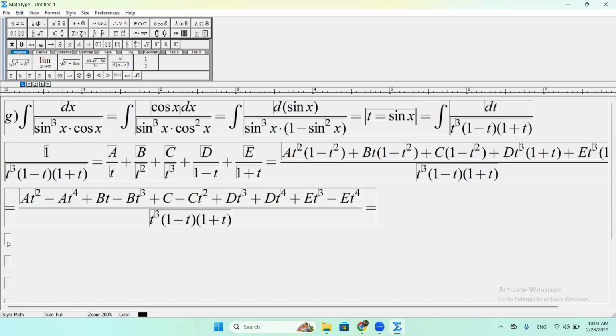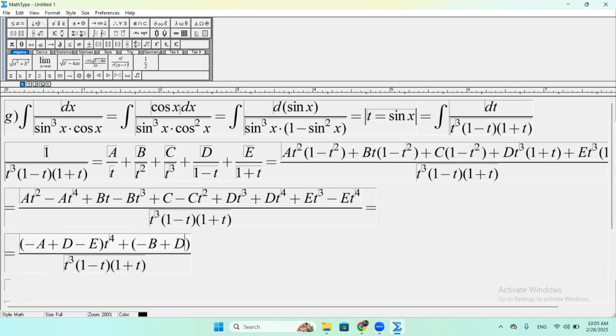Now we're grouping our coefficients. So for t in power of 4: minus a plus d minus e. So we will receive a system with 5 variables, but it will be quite easy to solve. b plus d plus e by t cube.